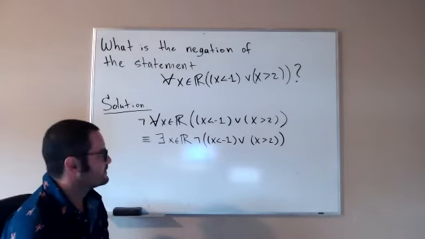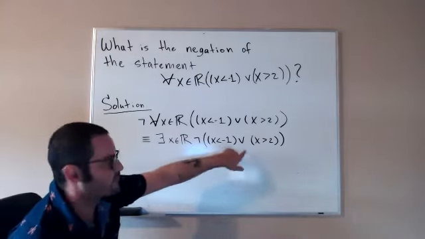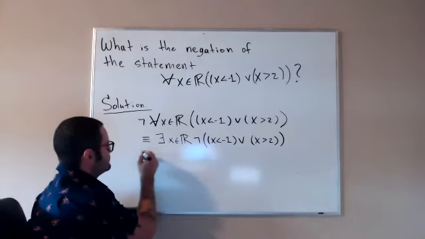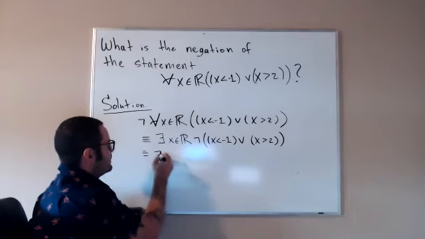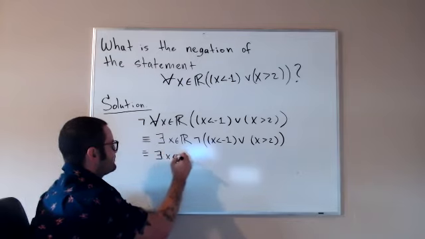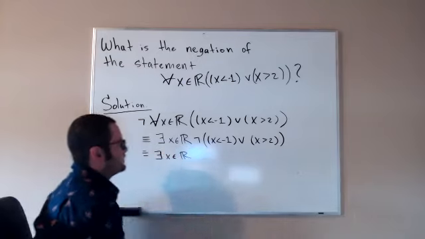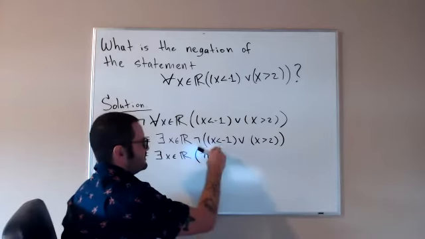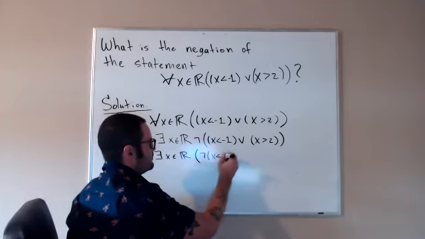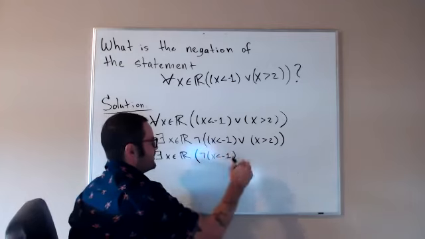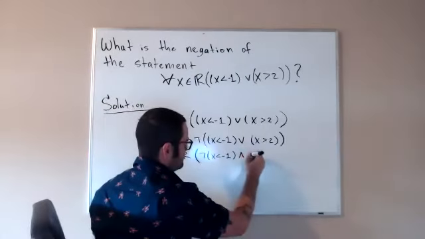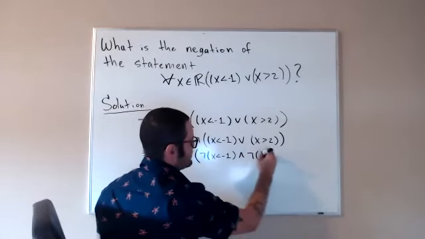So the negation of the or, we can use De Morgan's Law again inside of here. So there exists a real number x such that it is not the case that this. That or becomes an and, then we negate the other proposition.